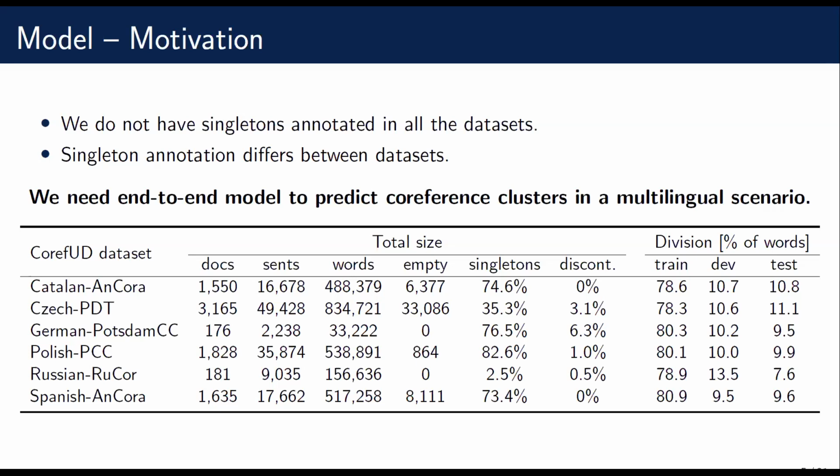For example, for Russian, there are way too few singletons, and this means that you have only annotated the mention if it is part of a coreference relation. So you cannot rely on singleton annotations. Therefore, we decided to use a model that doesn't need to see the singletons annotated separately. But we also show experiments where we try to model the singletons later on in this presentation.